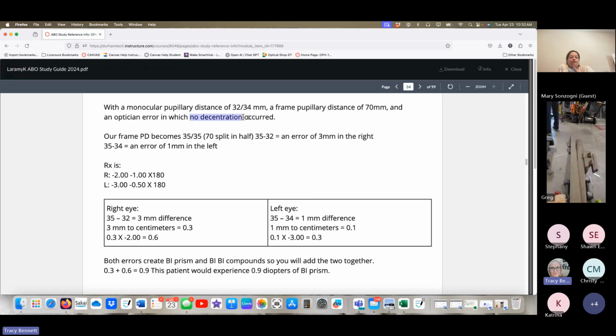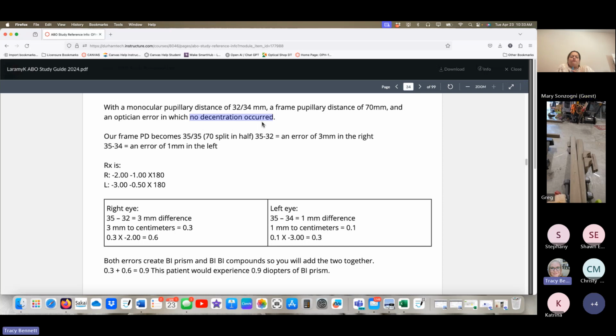I think that's where you guys are talking about it being cryptic in figuring out what happened. What was the problem? This is a good example of one that's kind of cryptic, because right here we've got it highlighted: it says no decentration occurred. So in order to know what the error was, you have to know that it starts at the frame boxing center.